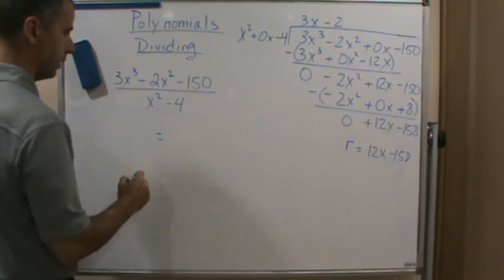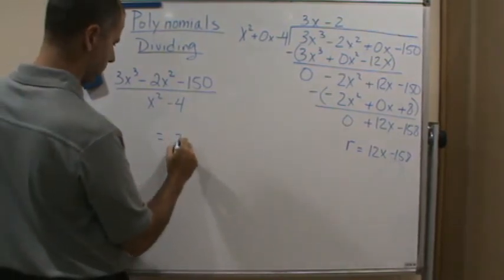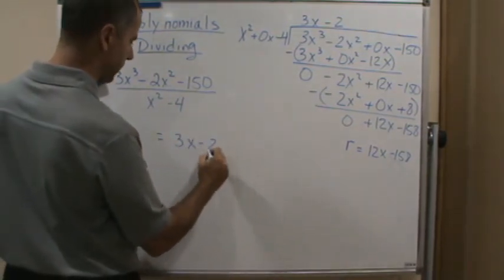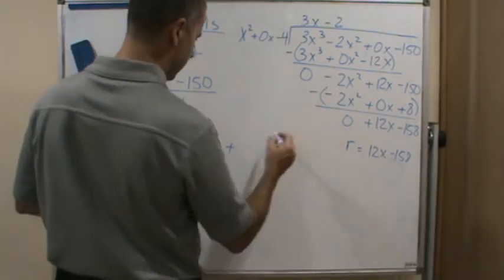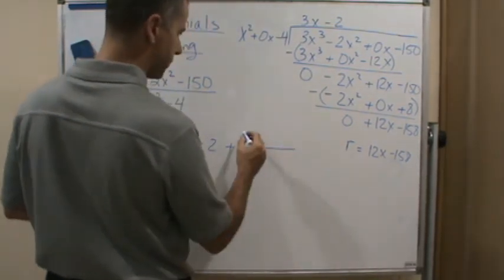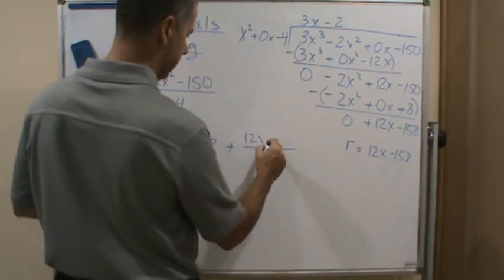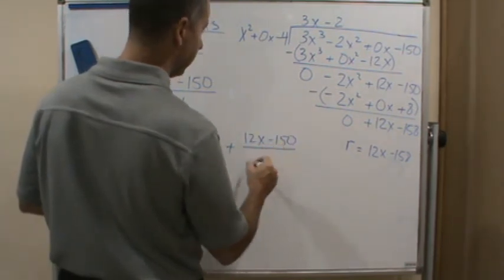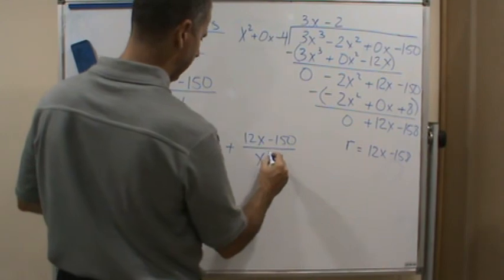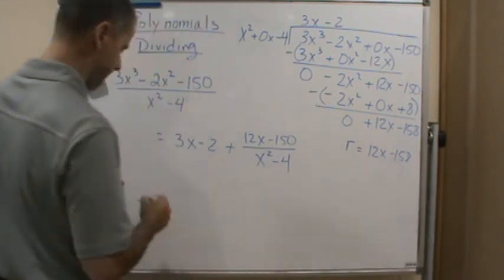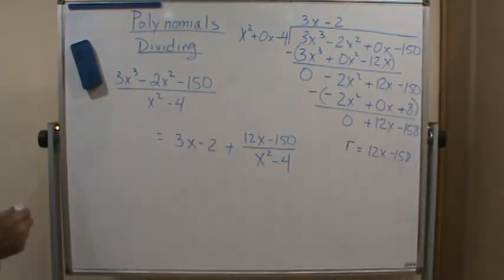So this is going to equal 3x minus 2 plus the remainder, so there's my fraction bar. So it's going to be 12x minus 158 over x squared minus 4. And that's the answer.